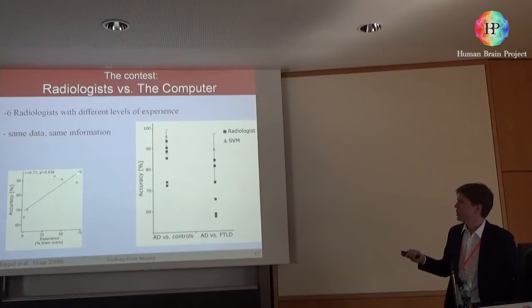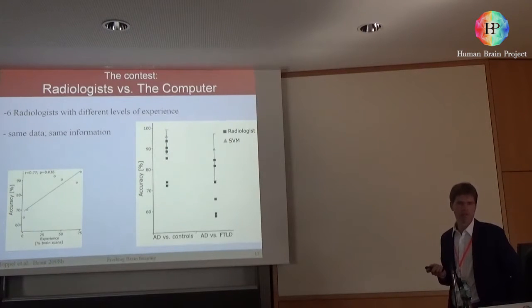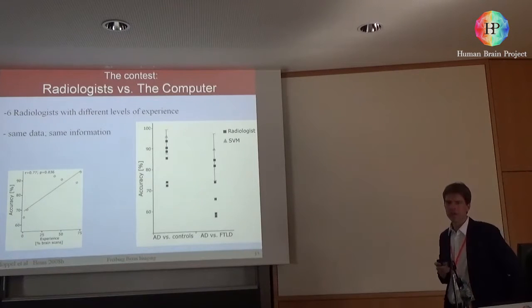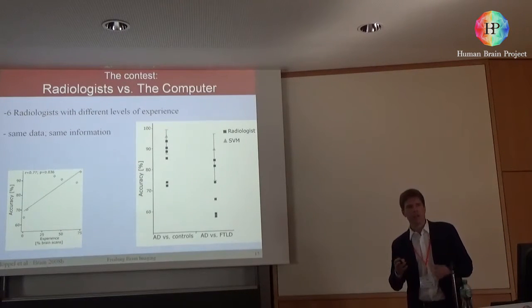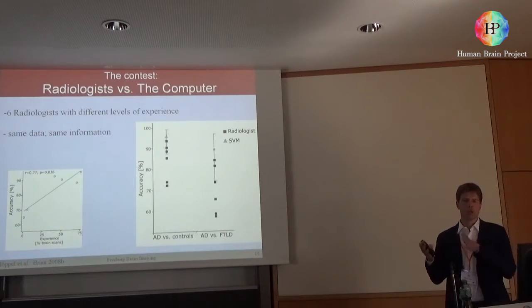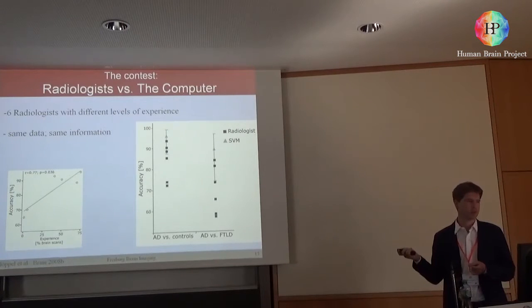Because when you have the real expert radiologists, they perform quite close to the computer algorithm. And I always like to mention when I show this slide, this is sort of an artificial situation where you only have two potential diagnoses, and this is why the computer algorithm is so strong here.